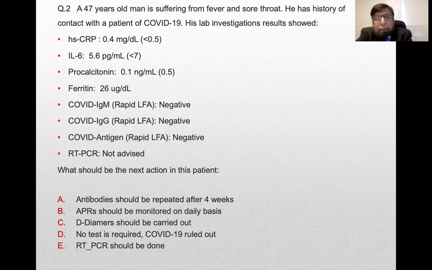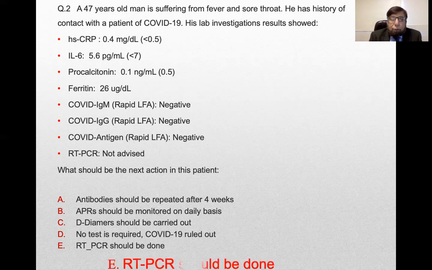So what should be the next action in this patient? Antibodies should be repeated after 4 weeks. APRs should be monitored on a daily basis. D-dimers should be carried out. No test is required, COVID-19 is ruled out, or RT-PCR should be done. So, what do you think? Which is the best option?